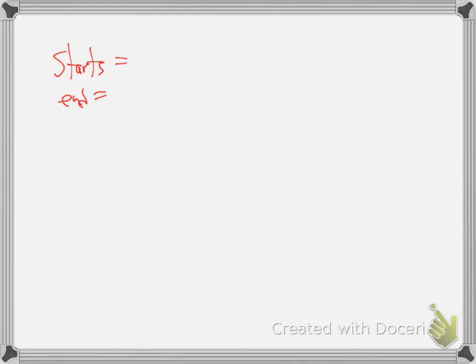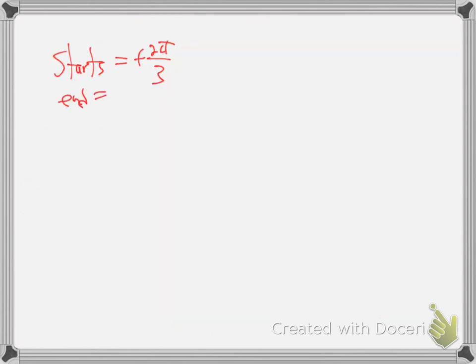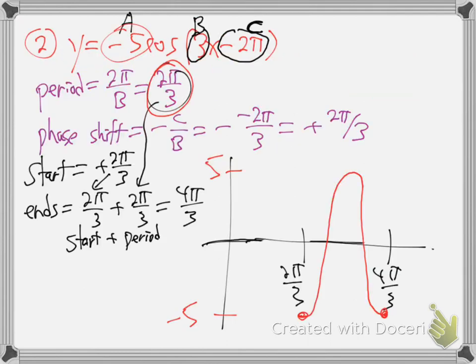So if the phase shift was negative 2 pi over 3, the start would be smaller, because you always add the period, and the period's always going to be positive. So that was 2 pi over 3. Then it would start at the phase shift, negative 2 pi over 3, and end at 0. Okay, that's what I was thinking. That's right. Because you just add those together for the ending. We good there? Does that make sense?